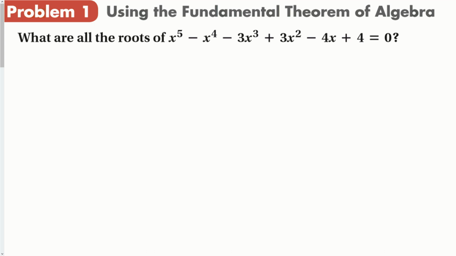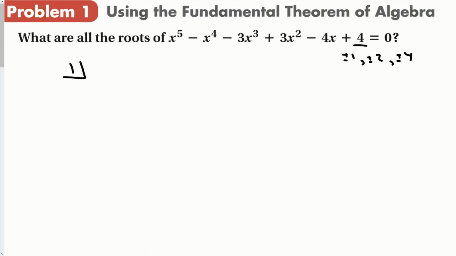But I can take the factors of 4, plus or minus 1, plus or minus 2, plus or minus 4, divided by the factors of 1, which is just 1, and guess one of these 6 numbers that might work here, test it with synthetic division, and see if it is a root, and then move on from there.